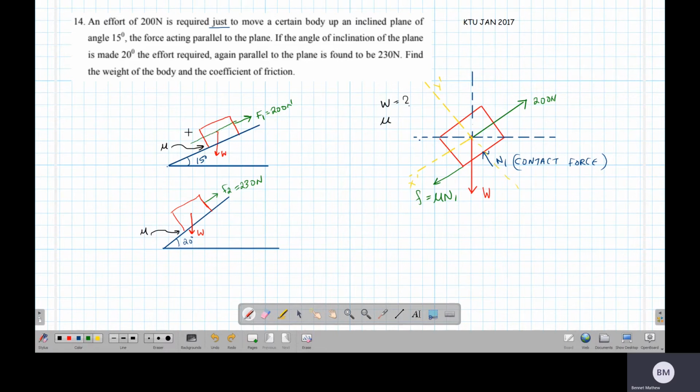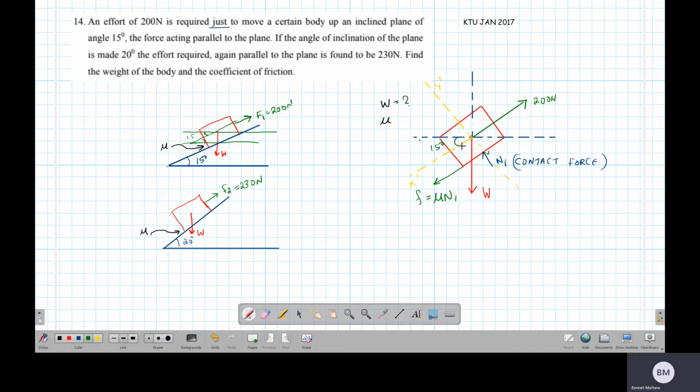If I draw two horizontal lines, this line is parallel to this, and this line is parallel to this. So this is 15 degree, and this is 15 degree, because they are internal angles. So that means this angle is 15 degree.